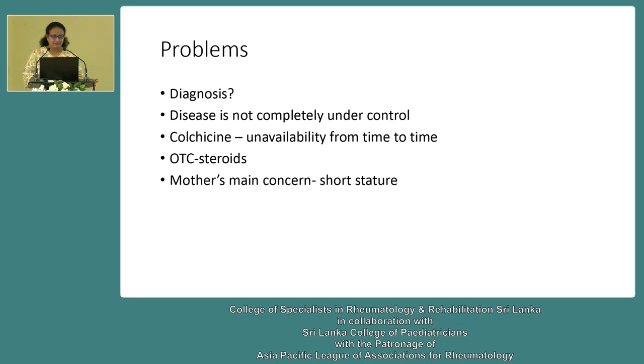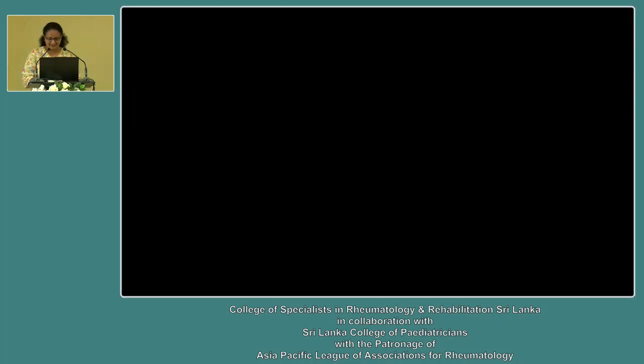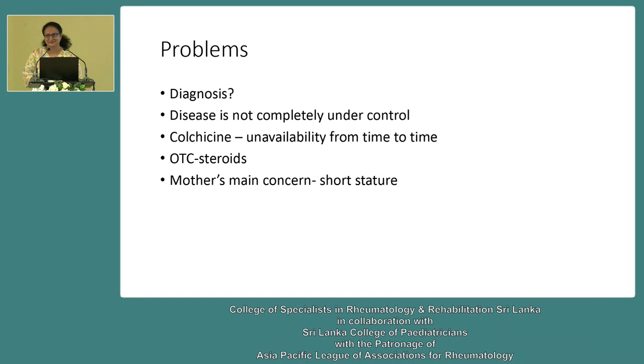And last time when I spoke to the mother, she said, "Doctor, I don't mind if she has joint pain or not. Please do something for the short stature." Thank you. That is sort of the end, and I know there are a lot of gaps in the history, and maybe it is difficult to get the whole picture.